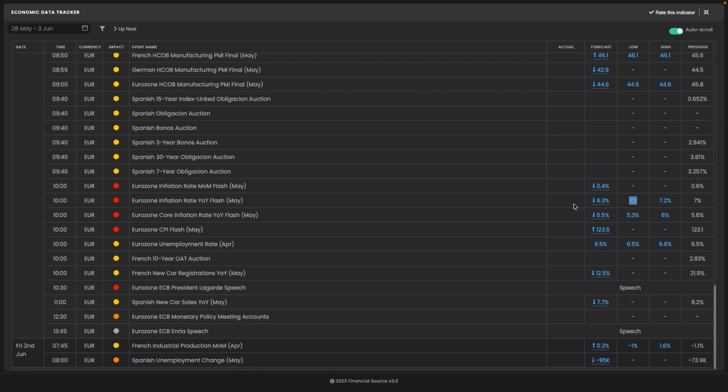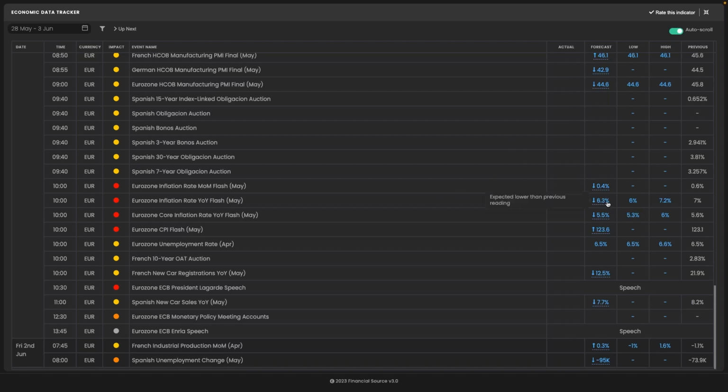So if the headline comes in below 6% and the core comes in below minimum expectations, below 5.3, and the CPI flash comes in below 1,236, and the month-on-month comes in below 0.3%, or certainly below 0.4%, in that case markets will say, aha, Eurozone inflation has peaked.